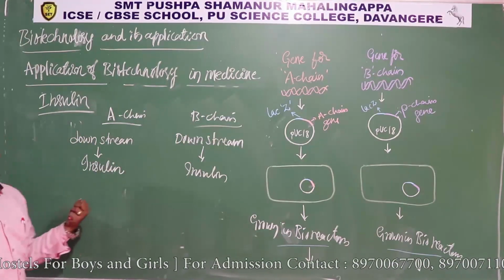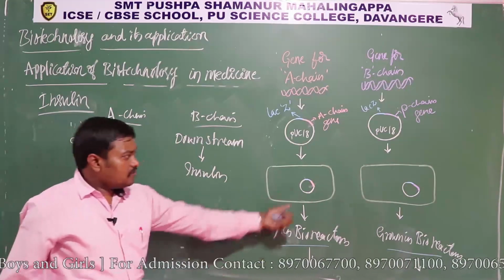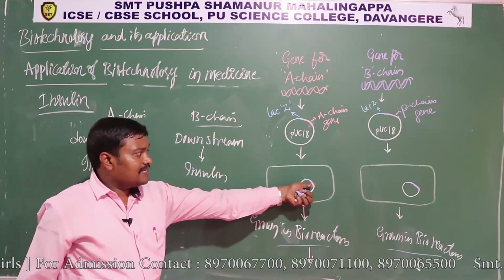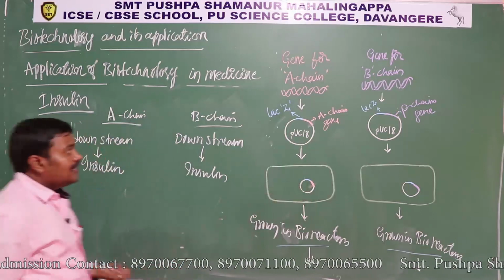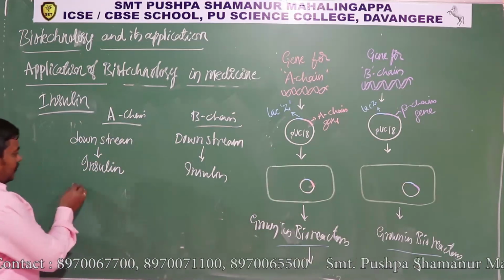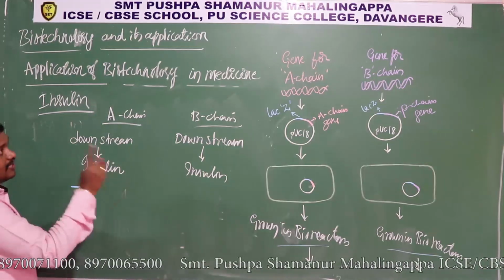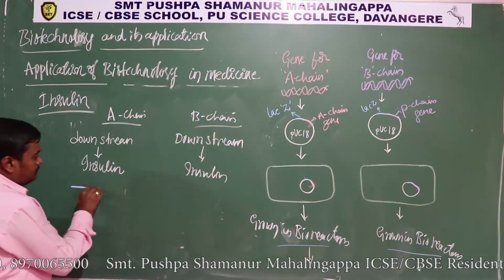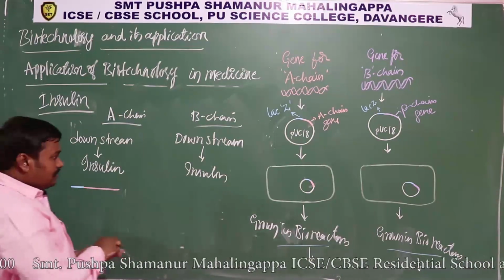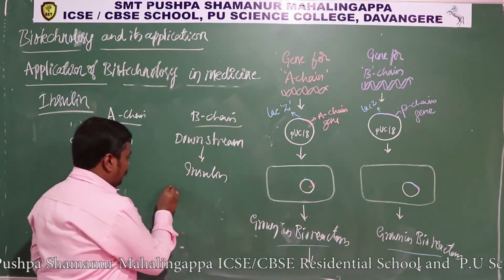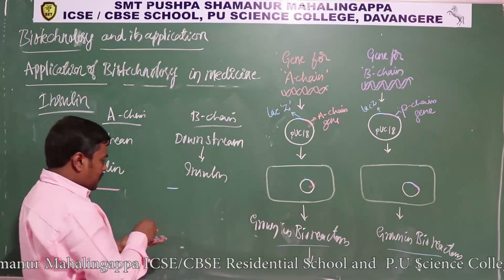But one problem has arisen. Because that LAC-Z gene is near that A chain and B chain, it produces beta galactosidase and it has A chain. Similarly, here it has beta galactosidase and B chain.